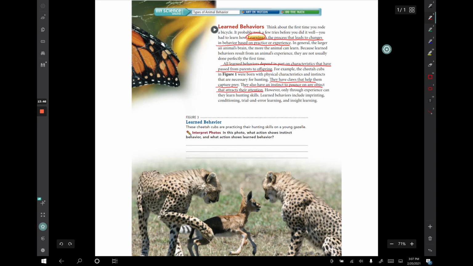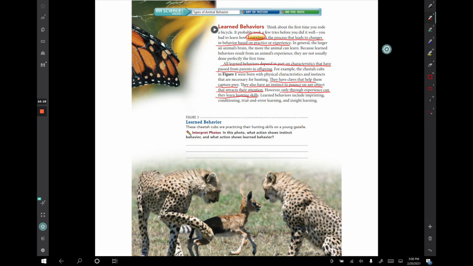So when you see the little cheetahs playing at the zoo when they're small, they pounce on things, kind of like your cat does at home. But it is only through their experiences that they can learn the hunting skills that are needed to become good hunters. So they might have the characteristics and the instincts that have been passed to them from their parents, but learned behavior is what allows them to become good hunters and to use those skills and those instincts.